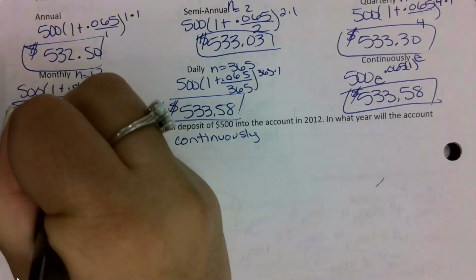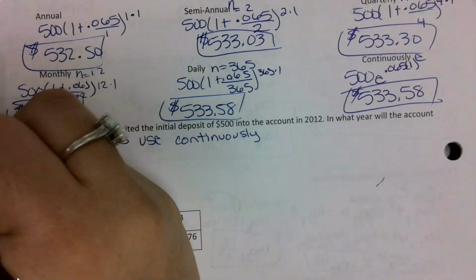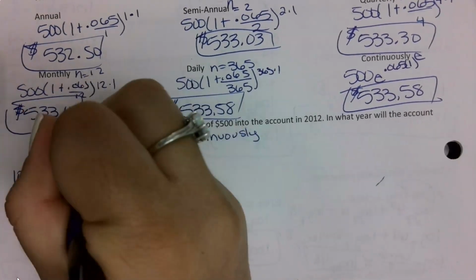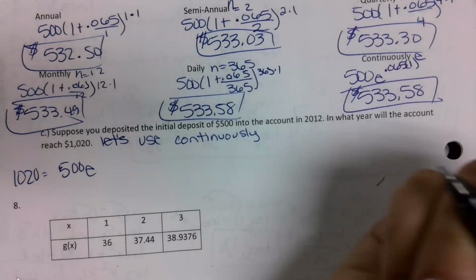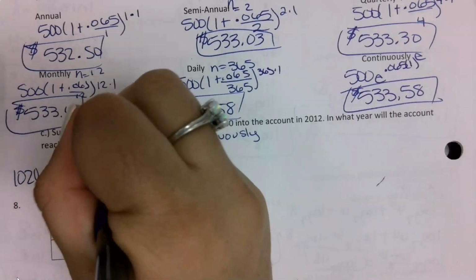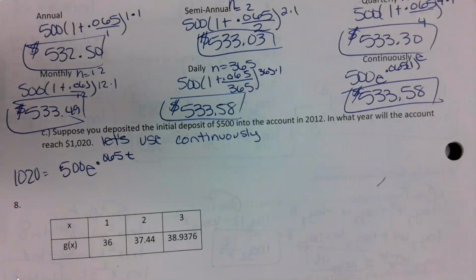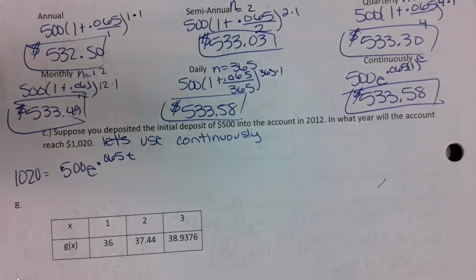So I'm going to do 1020 equals 500e to the 0.065t. I know my rate is 0.065, and I don't know my time. Again, I can graph this. I'm going to solve it using logarithms because we now know how.